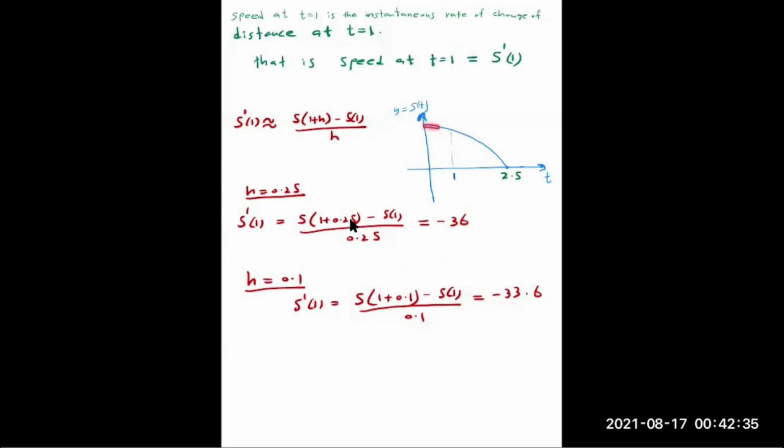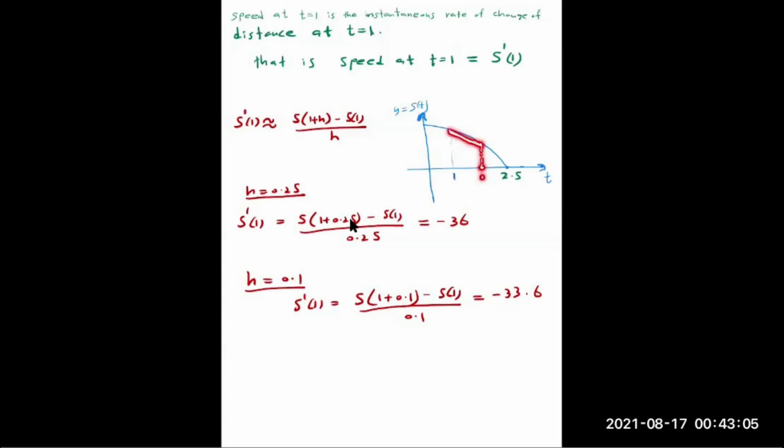As you can see from this graph, this approximation would be a better approximation because 1.1 would be somewhere here, and 1.25 would be somewhere here. As you can see, this secant line would better approximate the slope at this point than this secant line.